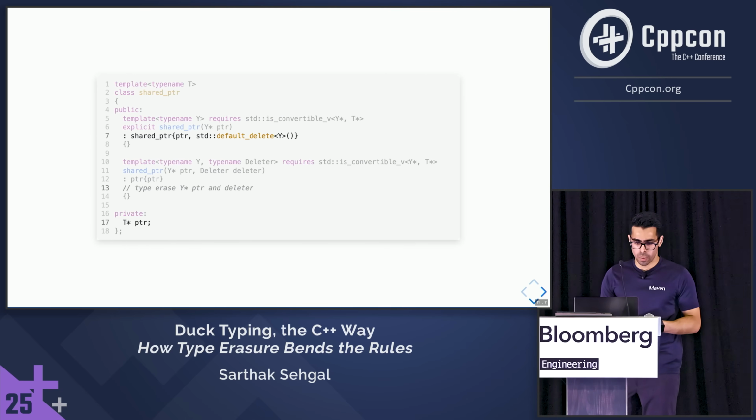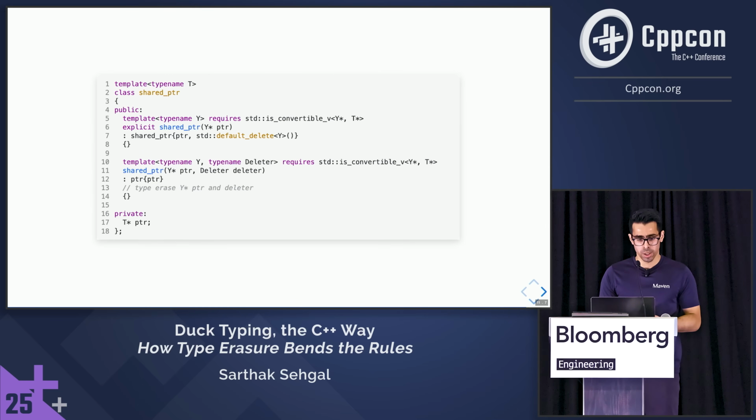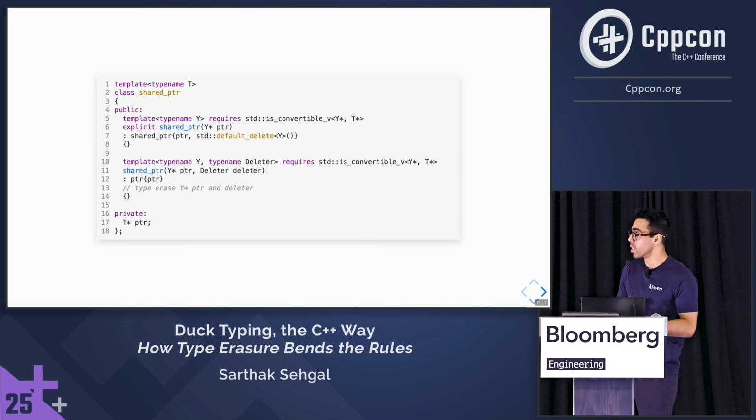So this constructor is a delegating constructor. It calls the other constructor. You can see the second constructor, lines 10 and 11, takes an explicit deleter. But the constructor we're concerned about is the first constructor.